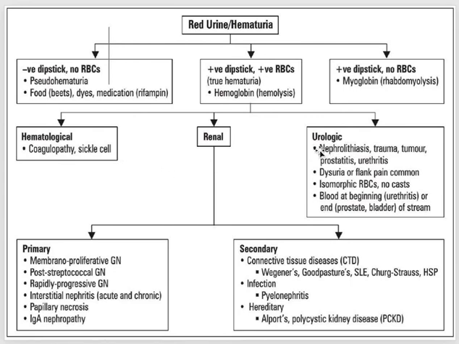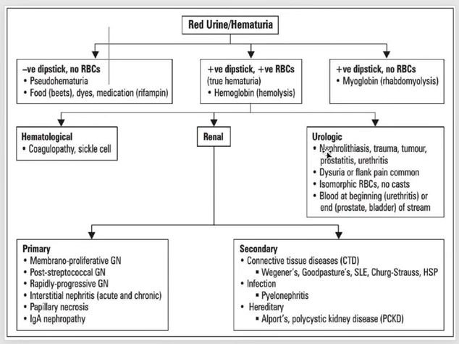Second one is urological causes. Urological causes are simply if there is a tumor, trauma, infection, or any manipulation or iatrogenic cause anywhere in the urinary tract, like in the ureters, the bladder, the prostate in males, or the urethra.